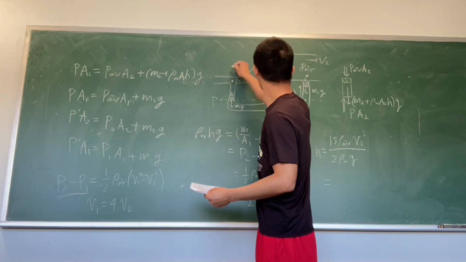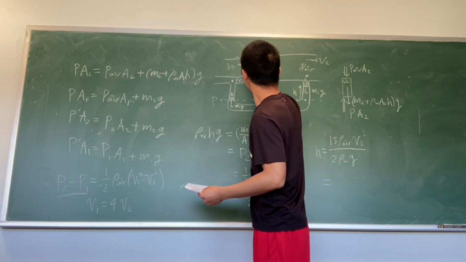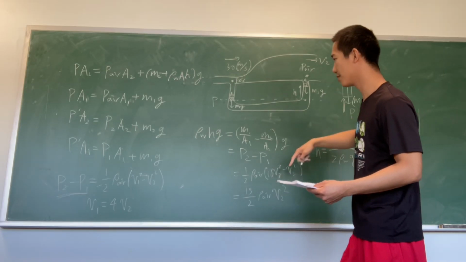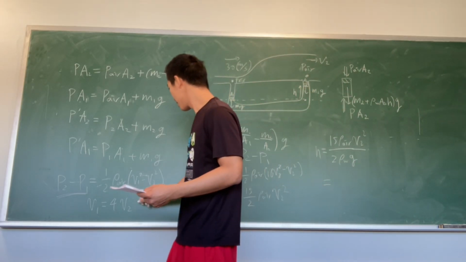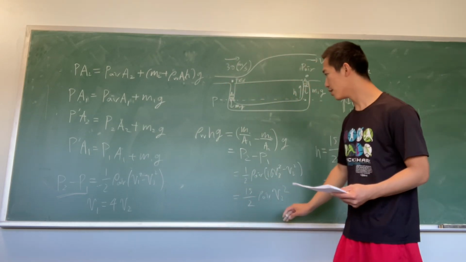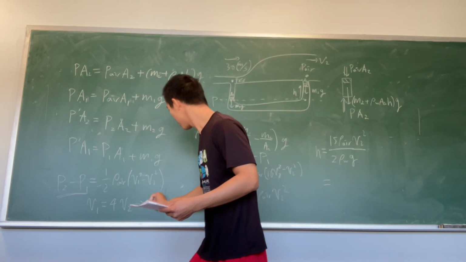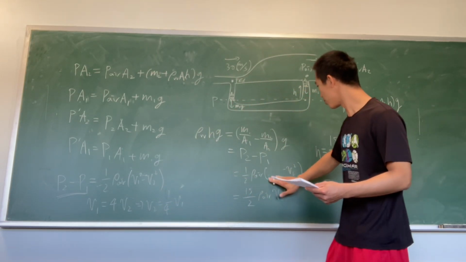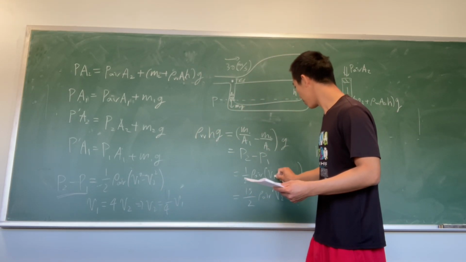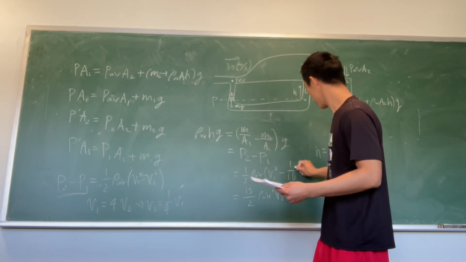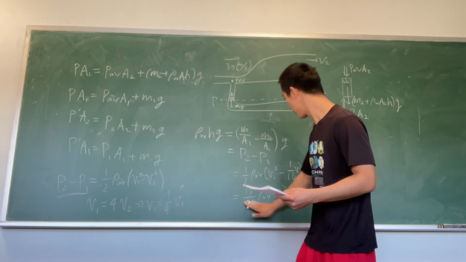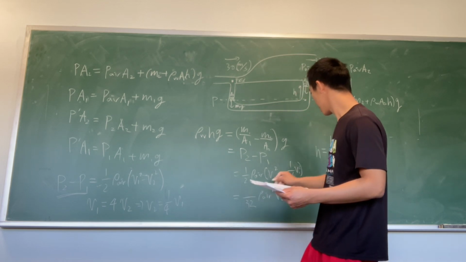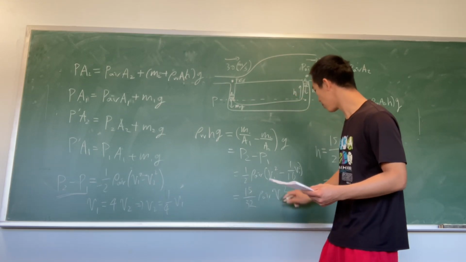So this is 30, which then I have to convert to V2. So maybe I should do the thing differently. V2 is 1 over 4 V1. So here I should do V1 minus 1/16 V1. So now I have 32 and 15, and then this is V1 squared.